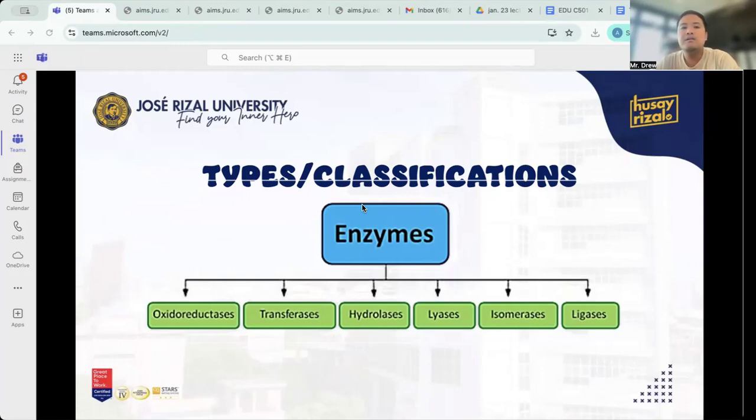This classification helps us understand which reactions they could control inside the cell.